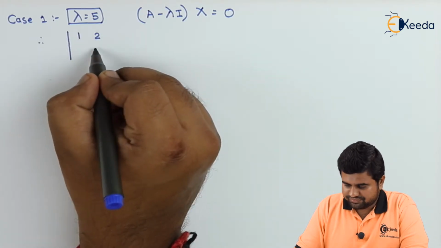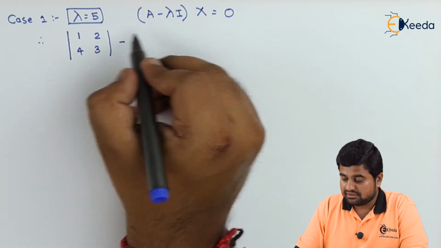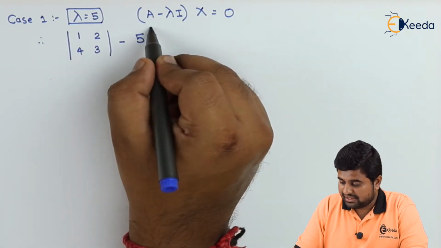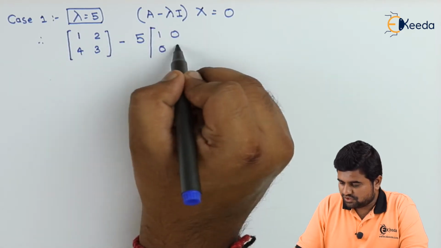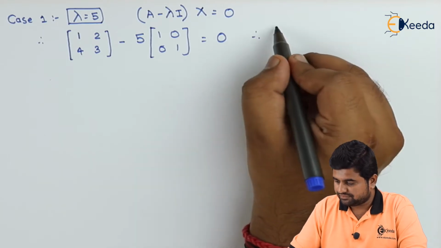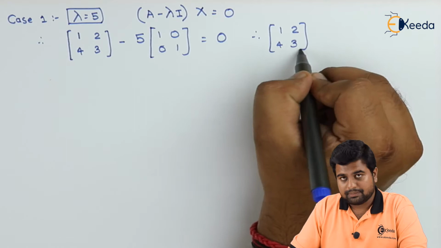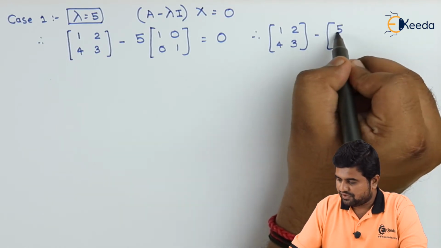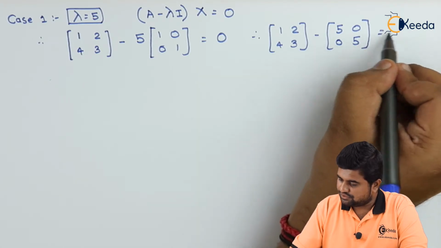1, 2, 3, 4, and here we have taken lambda as 5. So 5 into 1, 0, 0, 1 is equal to 0. Therefore, 1 2 3 4 minus 5 0 0 5 is equal to 0.